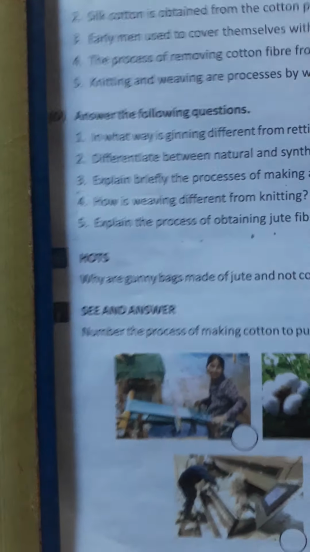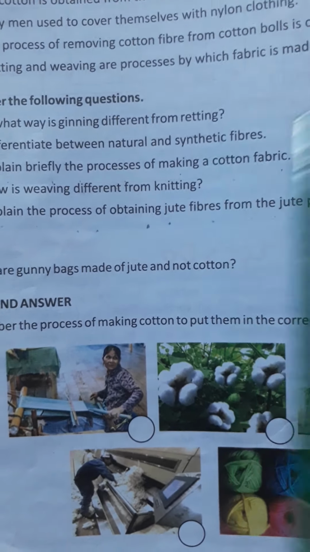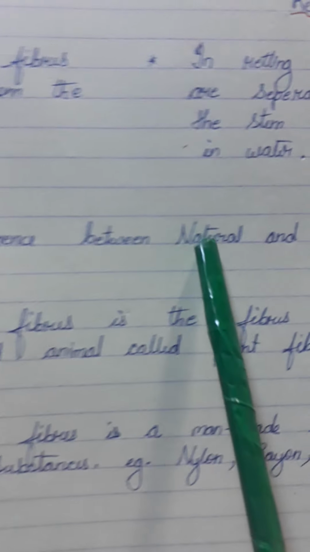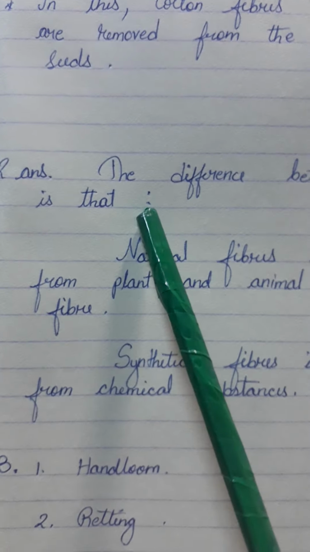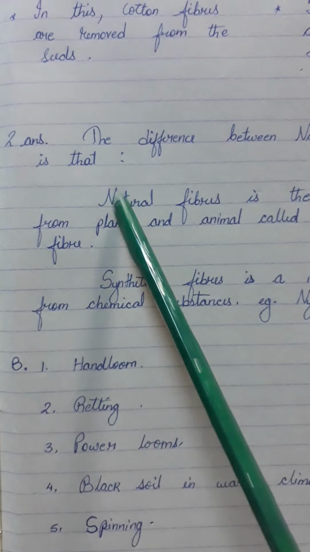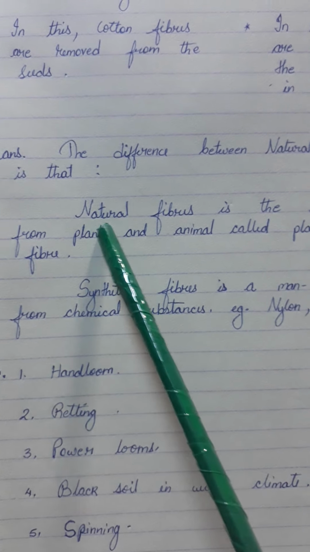Number 2, differentiate between natural and synthetic fibers. The answer: the difference between natural and synthetic fibers is that, try to write like this, okay? Don't combine the lines, use separate lines.